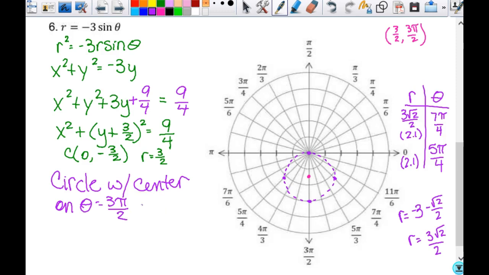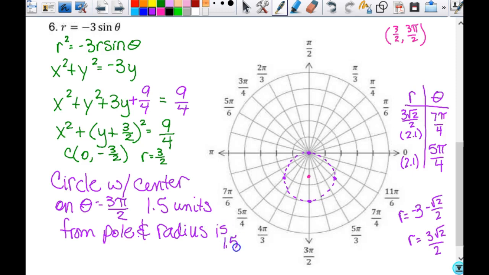And so it's the circle with the center on theta equals 3 pi halves, 1.5, or you can say 3 halves units from the pole, and radius is 1.5.